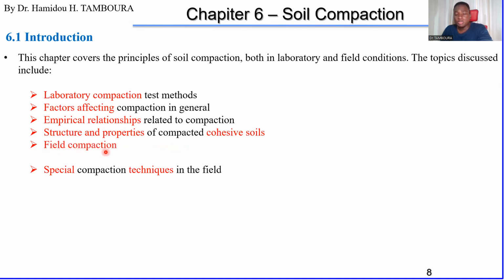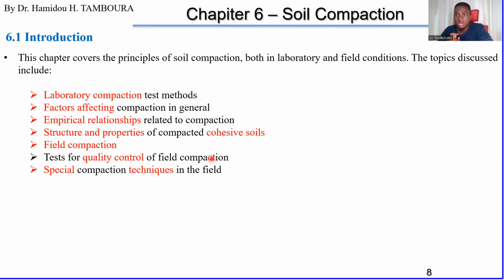And of course, field compaction. We have already introduced this in the introduction, previous slide. And tests for quality control of field compaction. If you do compaction using a machine or all equipment used for compaction on the field, how do you know that the soil is well compacted?